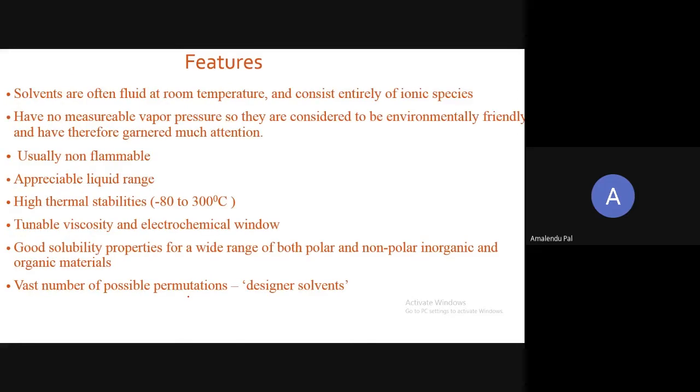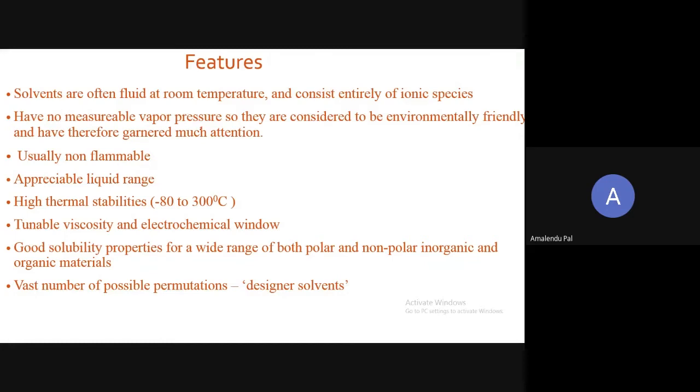What is the feature of ionic liquids? It is a solvent or fluid at room temperature consisting entirely of cation and anion species. This is important because of the peculiar physicochemical properties of ionic liquids: they have no measurable vapor phase.